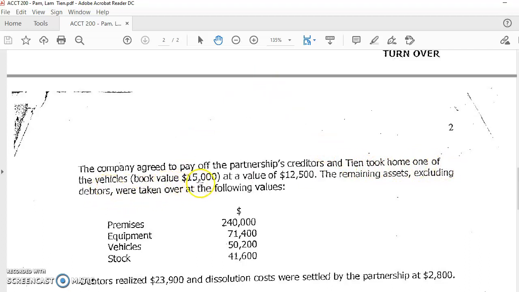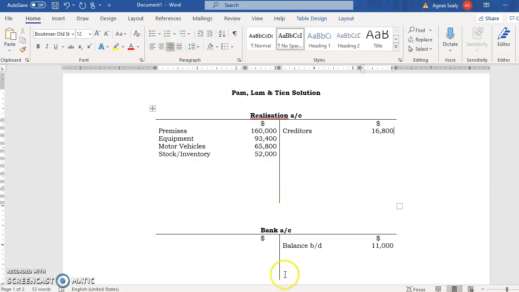It had a book value of $15,000, but Tien is taking it at a valuation of $12,500. So therefore, Tien's capital account will be debited for $12,500, and the realization account will be credited for the same $12,500. So let's record the asset taken by Tien, the partner.